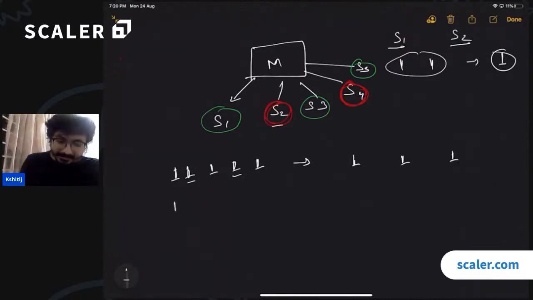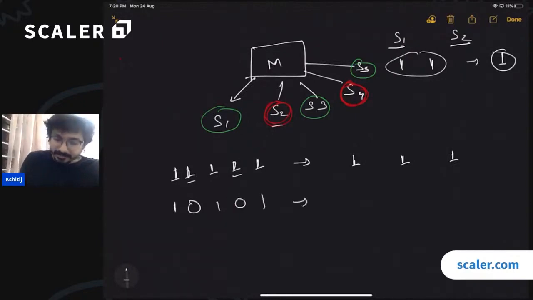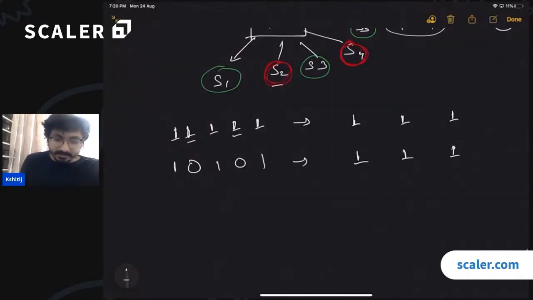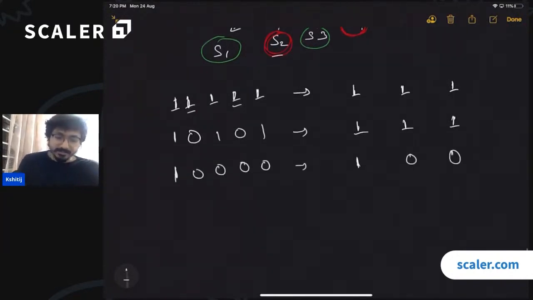Then if I enter another number, let's say 10101, what is the output that we are going to get? We are going to get 111. If I input, let's say 10000, what is the output that we are going to get? We get 1 and then 00, right? If I enter 00111, what is the output that we get?